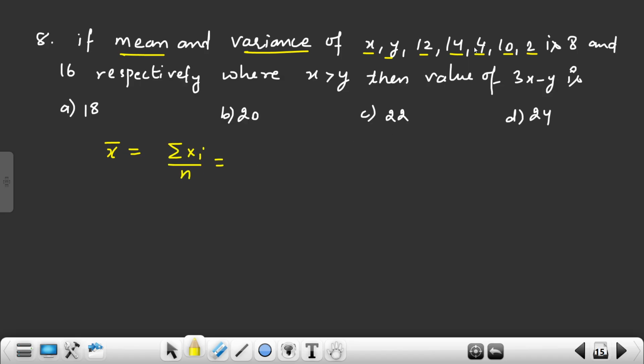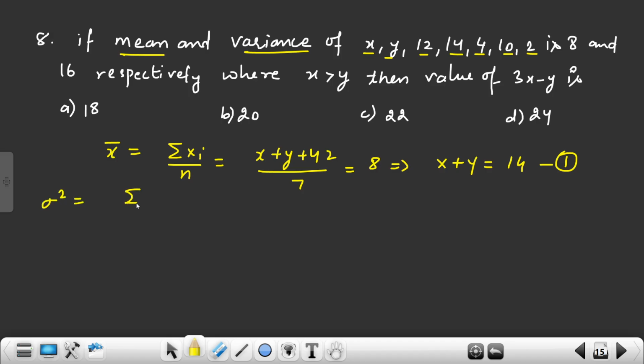Now let's add all the terms. 12 plus 4, 16 and 30, 42. So (x plus y plus 42) by 7 equals to 8. So x plus y is 56 minus 42, that is 14. Very simple. Now variance. Variance is sigma xi square by n minus mean square. This is variance, right?